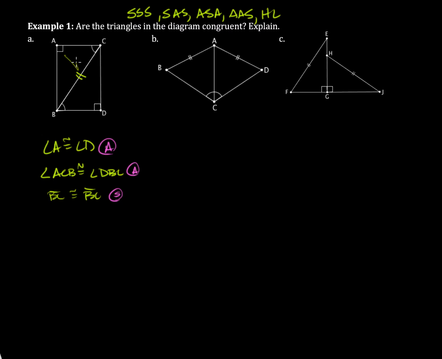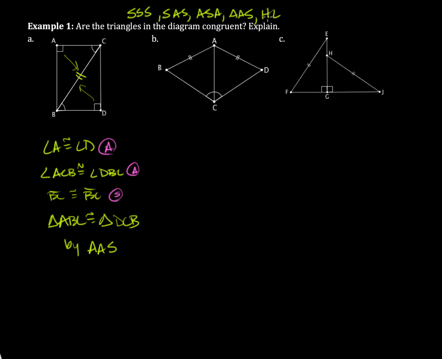It's across from the right angle. So that means that triangle ABC is congruent to triangle, let's see if I called it ABC. It looks like I got to call it DCB by angle, angle, side, because I'm looking at a non-included side.